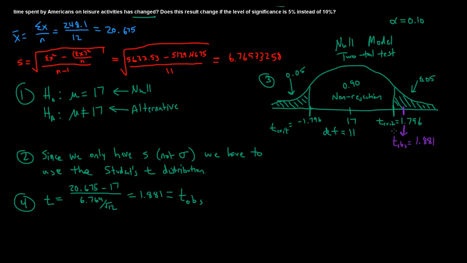1.881. Now, you see that t-value fell in our rejection region. It fell in that shaded part. So, remember the convention that if t observed was greater than t critical, then we reject the null.